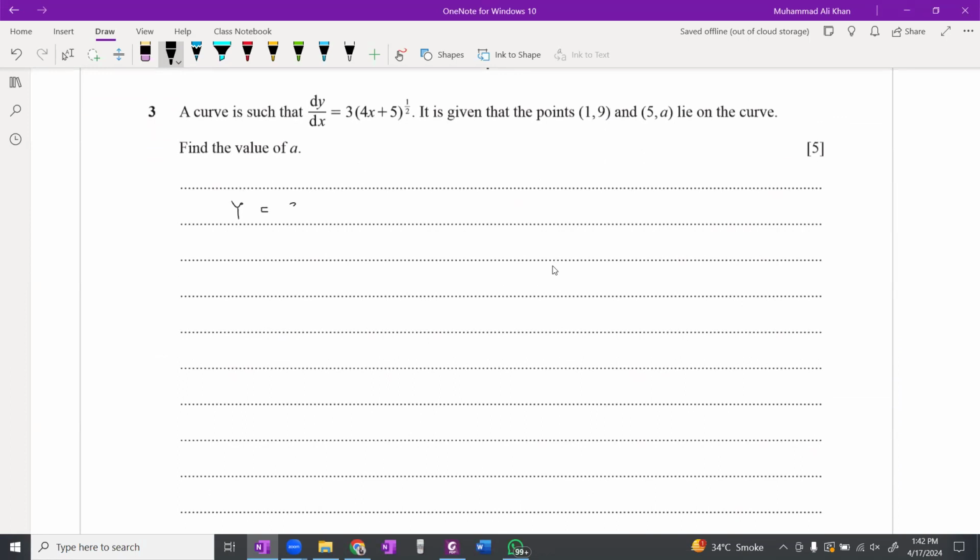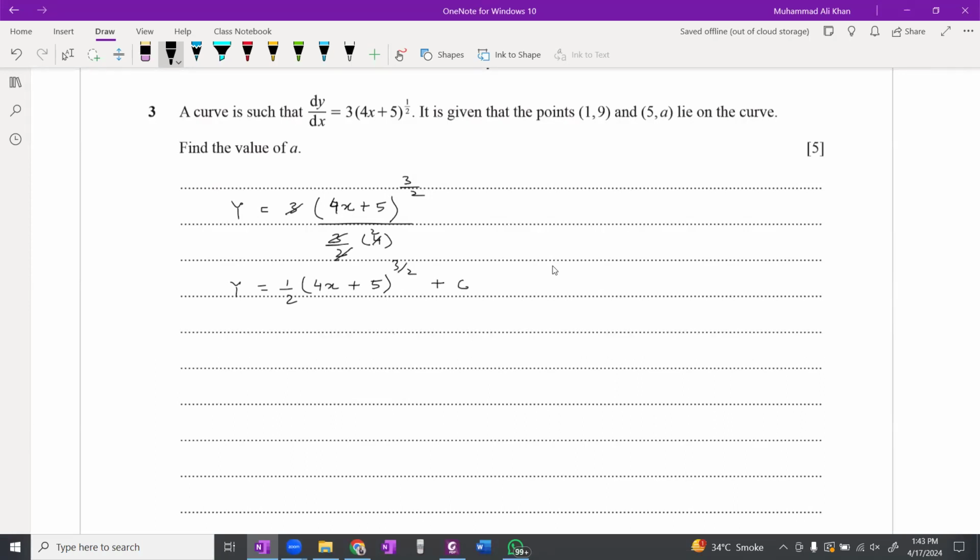So it will be 3 here, 4x plus 5 whole power half plus 1 is 3 over 2, divided by 3 over 2 and the derivative of the base, 4. 2 twos are 4, 3 and 3 cancel out. So y equals 1 upon 2 times (4x plus 5) whole power 3 upon 2 plus c.